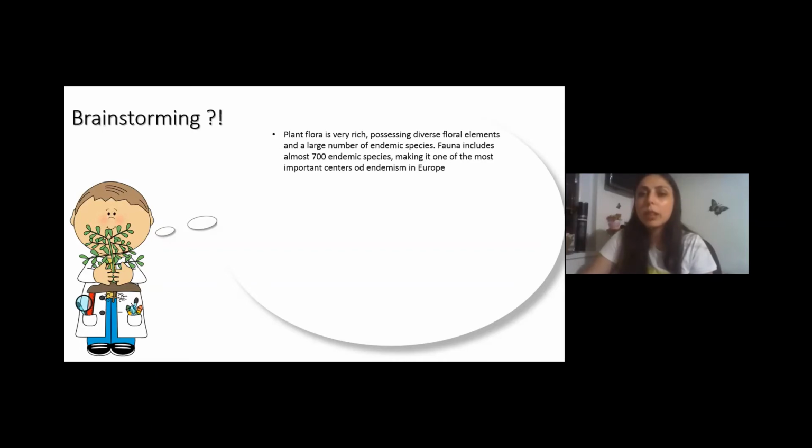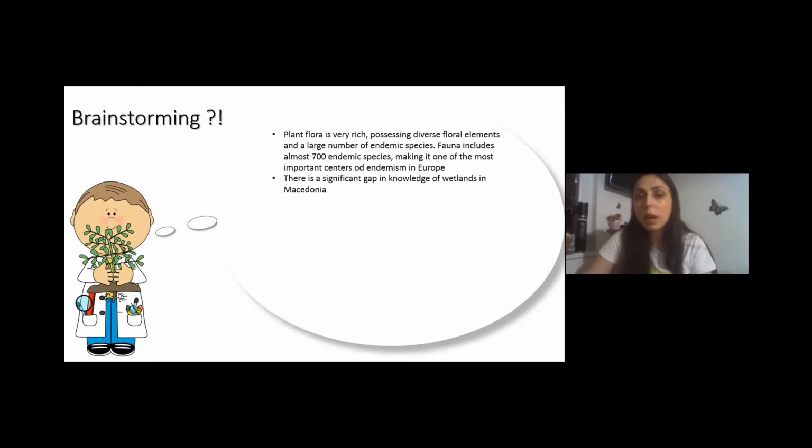In Macedonia, it's recognized as one of the biodiversity hotspots in Europe, especially in the Balkans as well, which includes a lot of endemic floral and fauna species. The problem is that there is a significant gap of knowledge of wetlands in Macedonia.